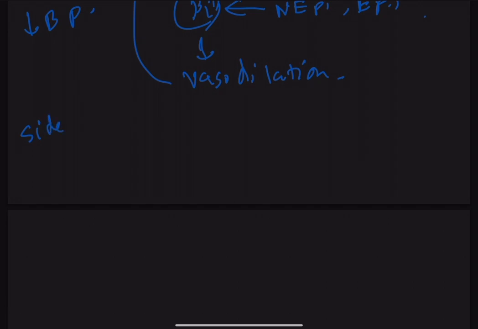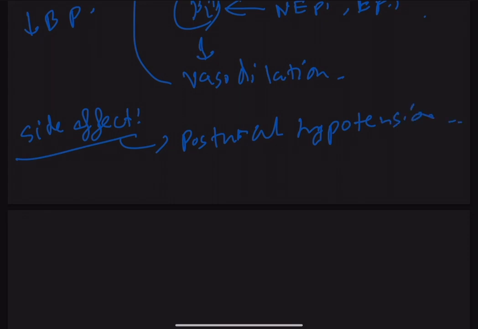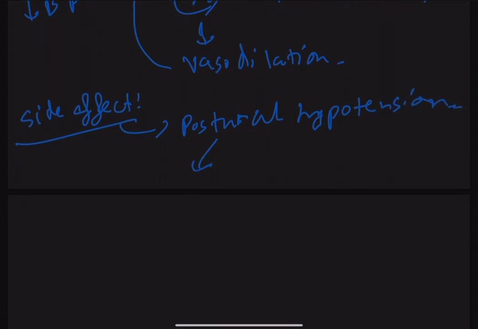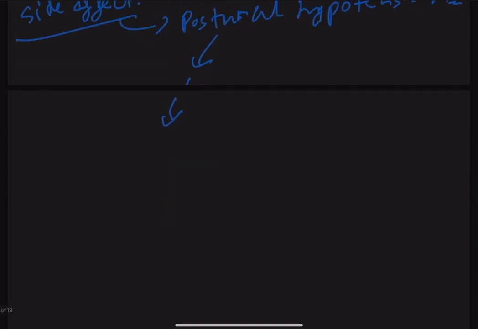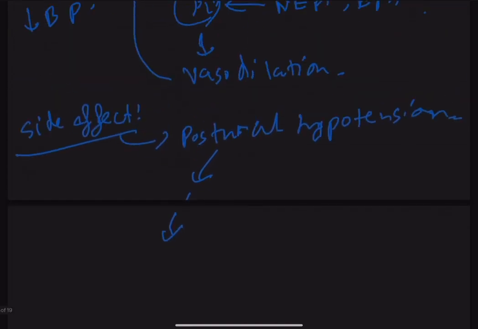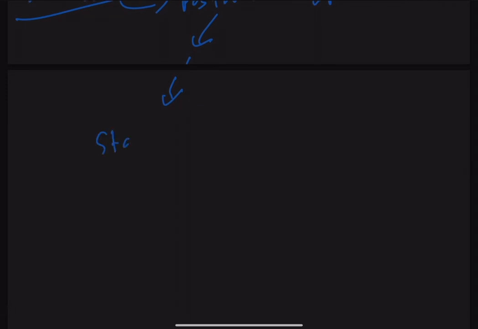What can be the side effects in cardiovascular system? That they can produce postural hypotension, right? What is postural hypotension? And by the way, when a person stands from the sitting position, gravity pulls the blood towards itself, right?